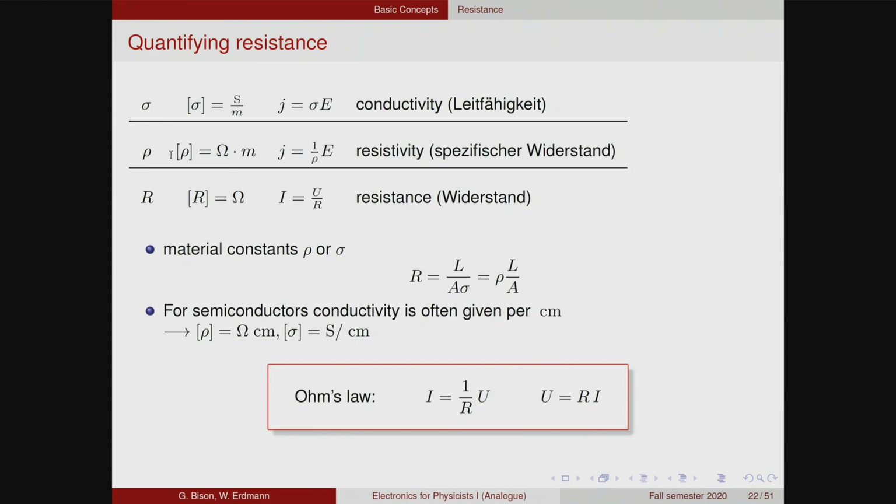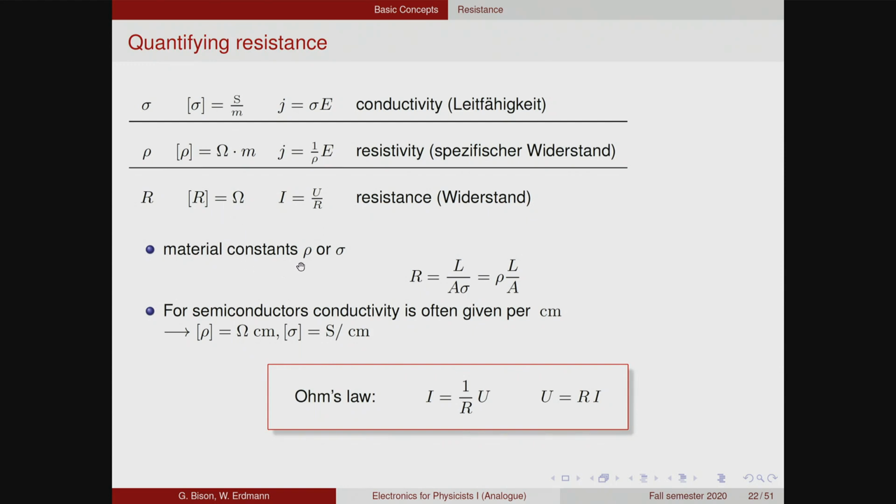And then if you have a concrete piece of resistor, you can characterize its properties with the resistance. Of course, the unit is ohms. And then we find Ohm's law, that the current is proportional to the voltage divided by the resistance.